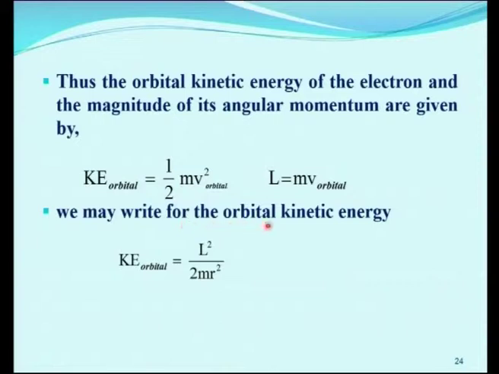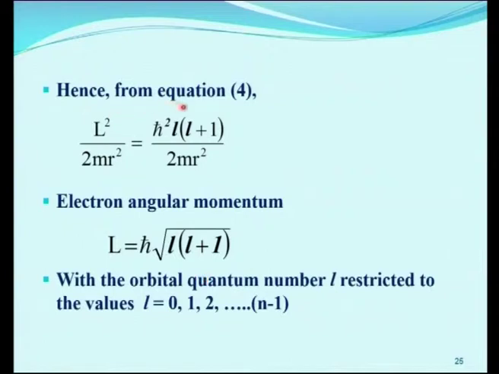We may write the orbital kinetic energy as L² by 2mr². Hence, from this we can write L² by 2mr² is equal to ħ² L(L+1) divided by 2mr². Then the electron angular momentum L is equal to ħ times the square root of l(l+1), with the orbital quantum number l restricted to the values 0, 1, 2, 3 and so on, up to n minus 1.